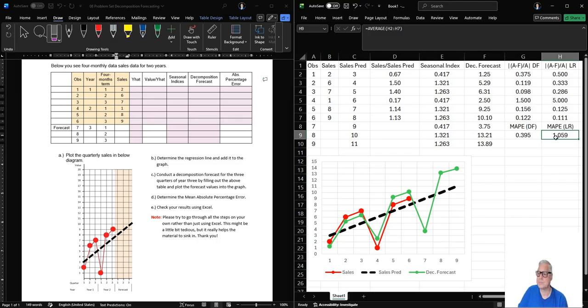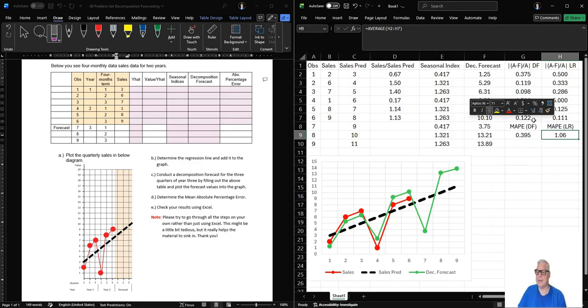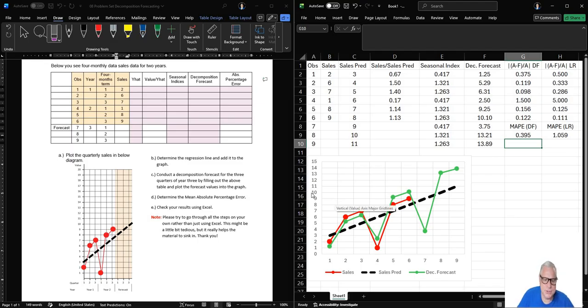So again we see that the decomposition forecasting is a much better predictor than a linear trend line.